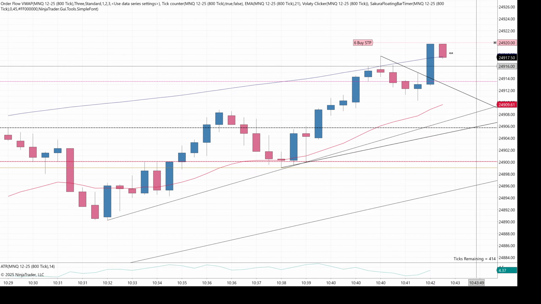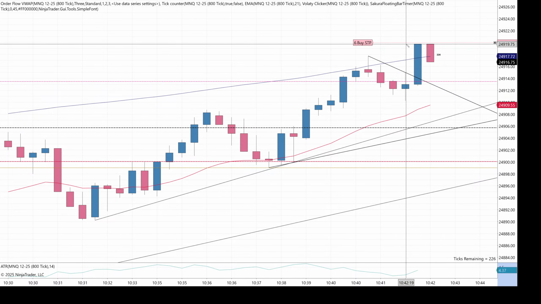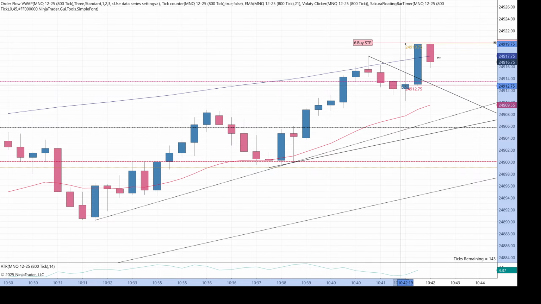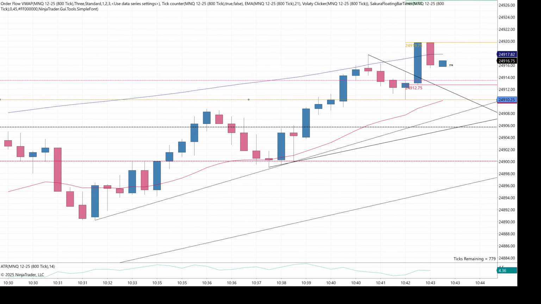This would be a signal to go higher. But I mean, man, this is a brand new all-time high. I don't know if we'll get the trigger, to be honest. Yeah, we didn't get it.